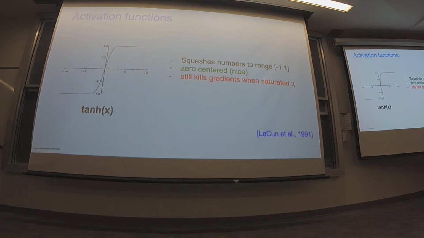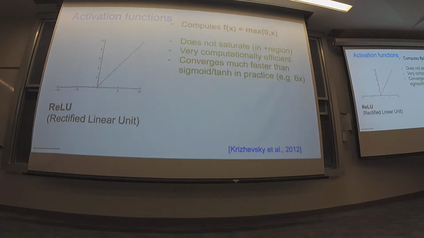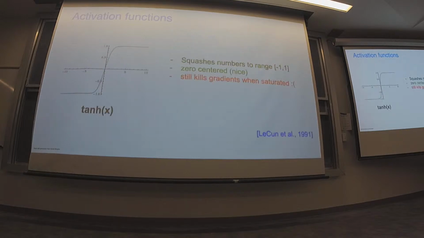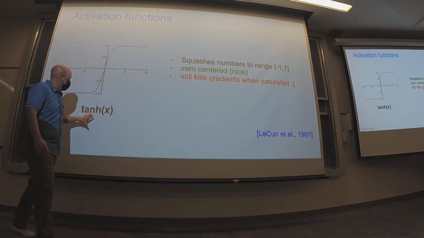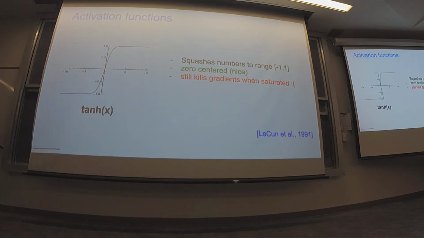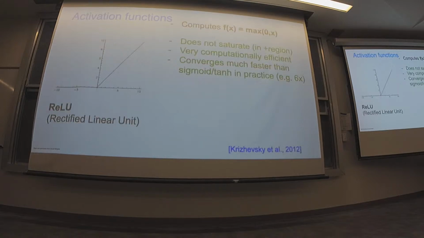Okay, so what other possibilities could there be? Oh, and by the way, I think I said it, but I don't have it here in the slide: a hyperbolic tangent is also more computationally expensive because it's got a couple of exponentials that have to be evaluated. All right. So one day somebody decides to just use this function right here as an activation function.